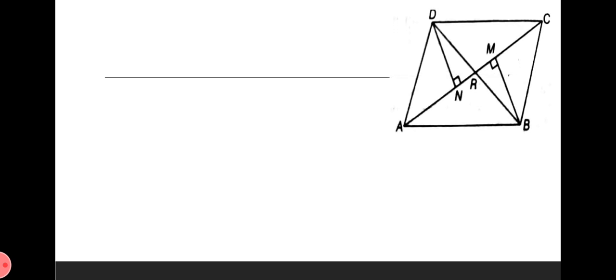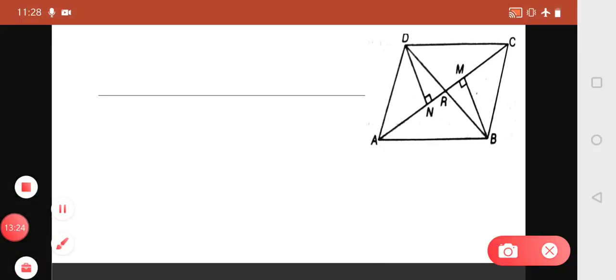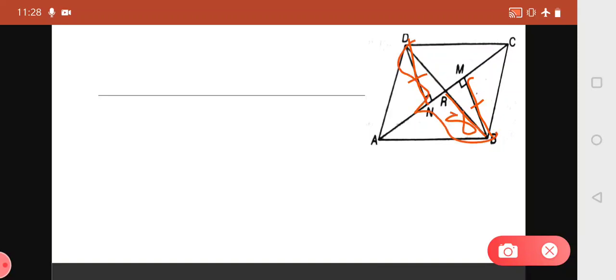It is given that ABCD is a quadrilateral in which altitudes are drawn on AC. DN is an altitude on AC and BM is also an altitude on AC. These two, DN and BM, are the altitudes which are given as equal. And the length of BR is given, 8 cm, and we have to find the length of the whole BD.